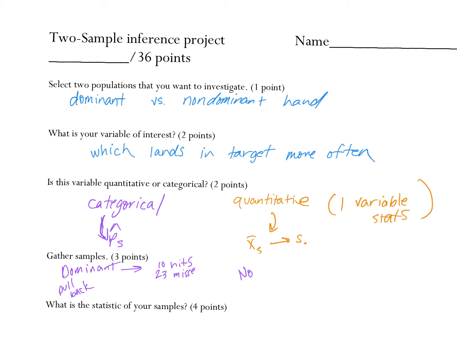And the non-dominant is 10 hits, 14 misses. Obviously, if your variable's quantitative, that'll look different, yeah? It'll be a list of numbers.